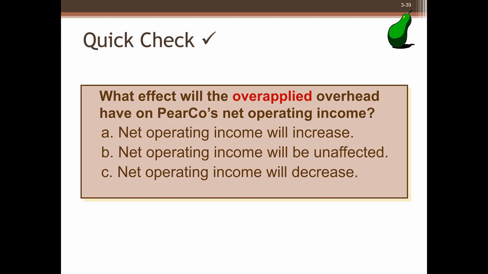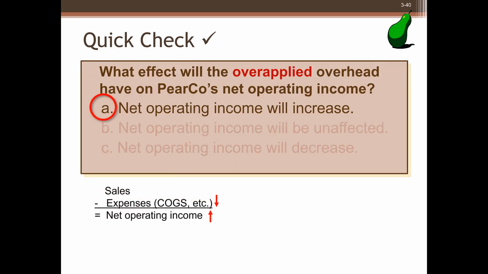Okay, what's the impact on net operating income? To get net operating income, we start from sales minus cost of goods sold for manufacturing companies, minus operating expenses such as selling and administrative expenses, and we get net operating income. Cost of goods sold is a typical expense.